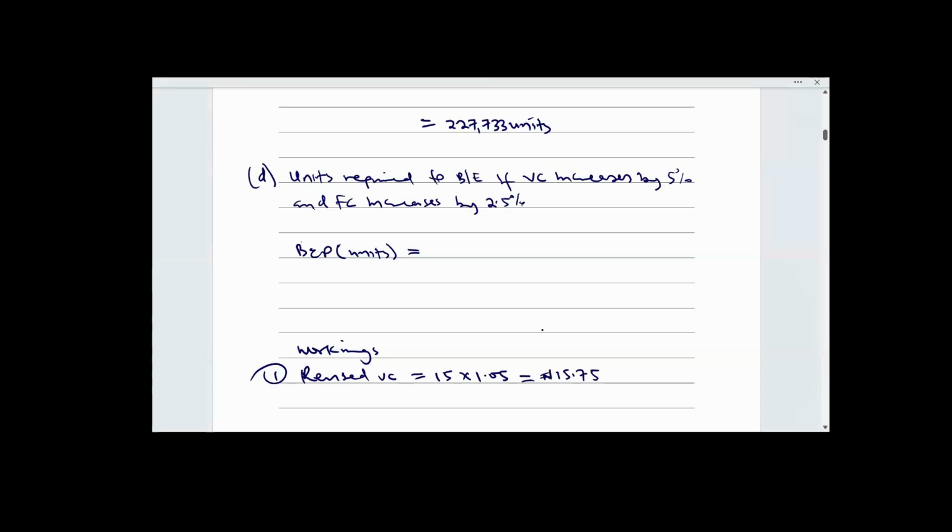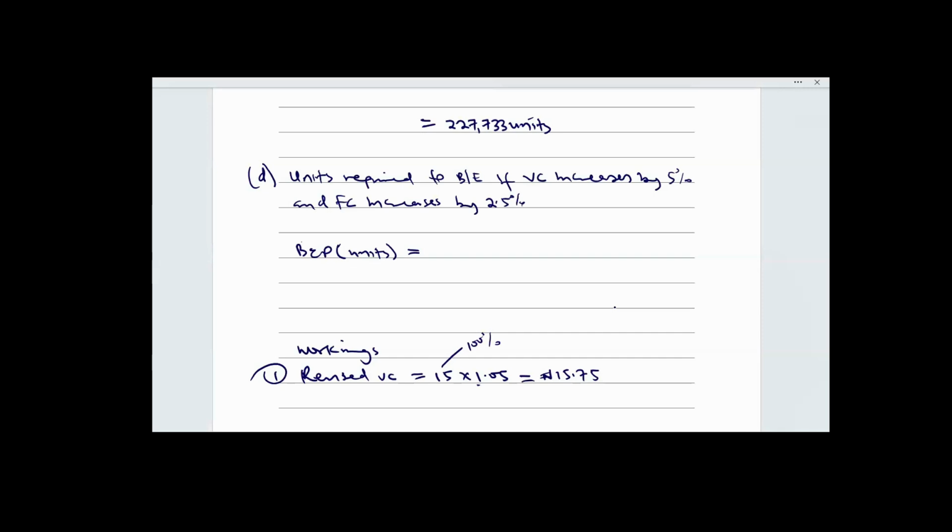75 kobo. Somebody will ask me, how do I get 1.05? The 15 that you have here is 100%. 100% is 100 divided by 100, which will give you 1.